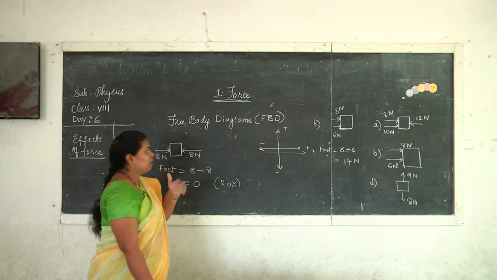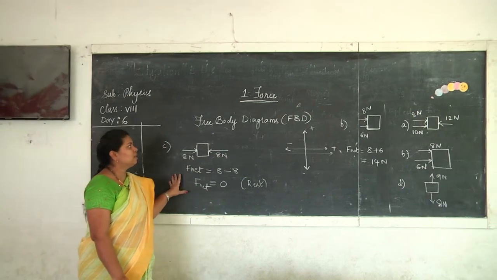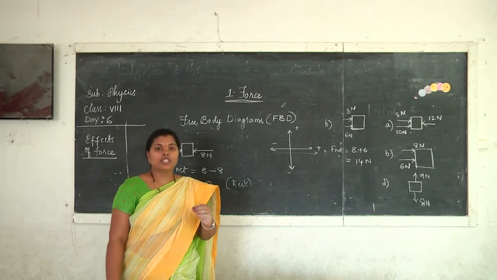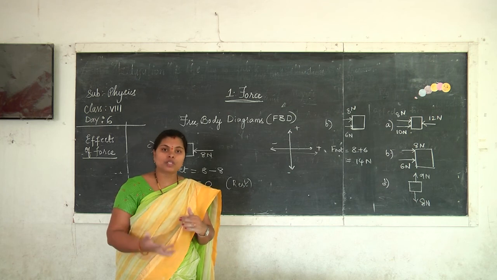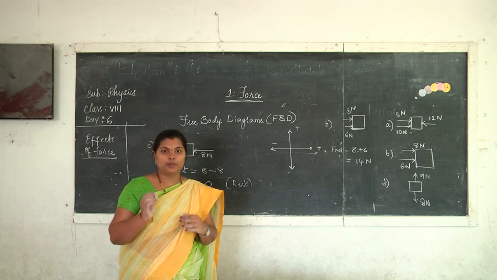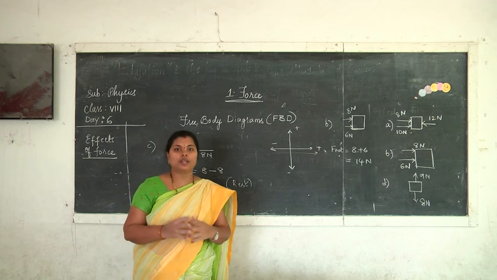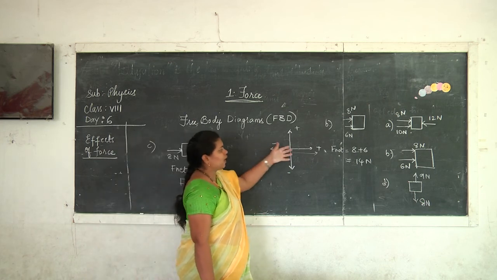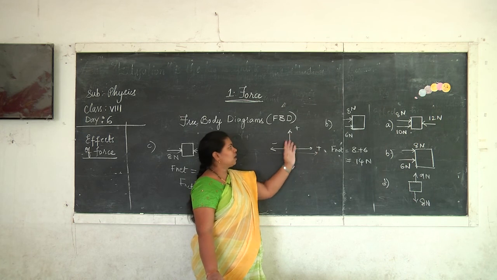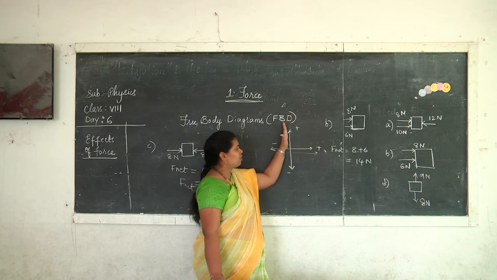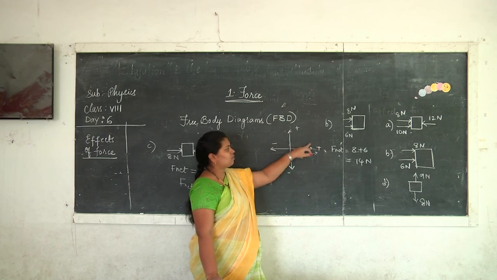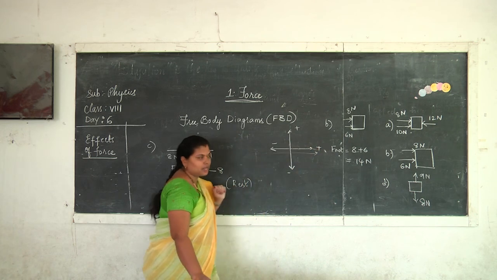And let me recapitulate for this session. Free body diagrams are those diagrams in which we show what forces are acting on a body at a particular instant. And the sign conventions are like this along the x-axis: the upward direction and the right direction will have positive signs and the other directions will be taken as negative.